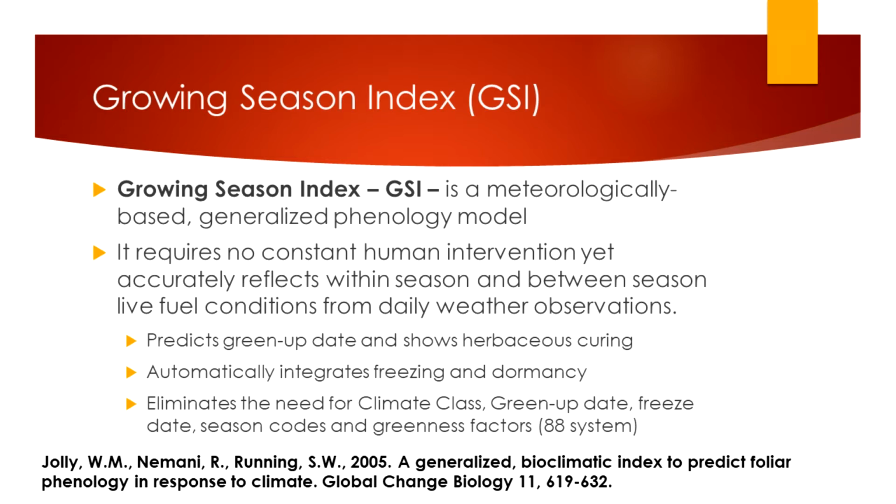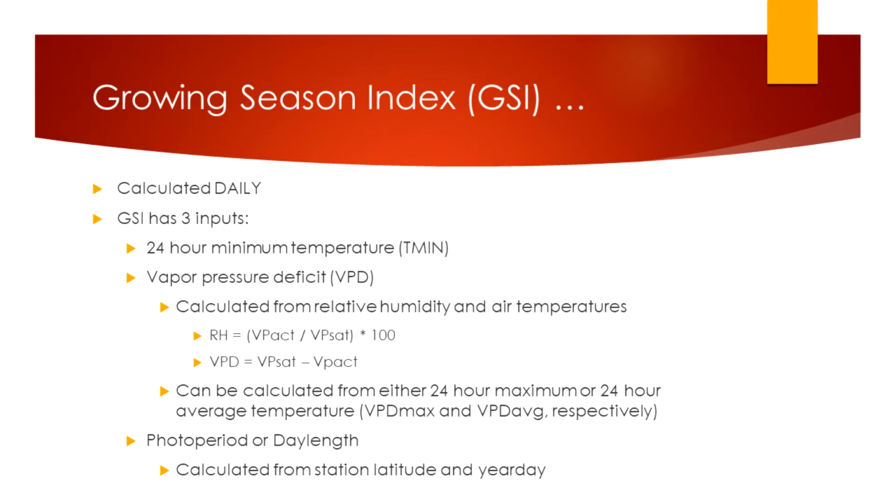So when we're running a historical analysis, it can allow the green up date to vary from year to year, as it does in nature, more mechanistically. By switching to GSI, we get rid of things like climate class and the green up dates, season codes and greenness factors from the 88 model, and it leads us to a new way of looking at live fuel dynamics.